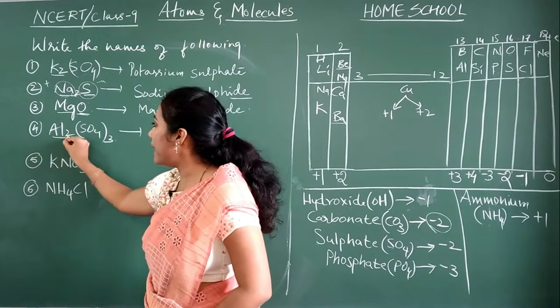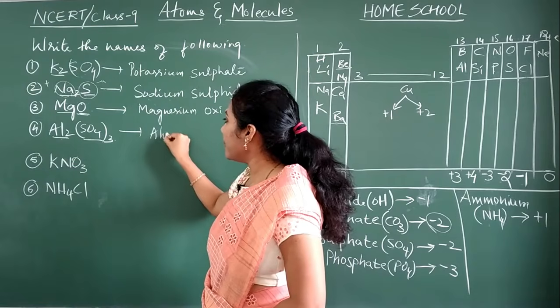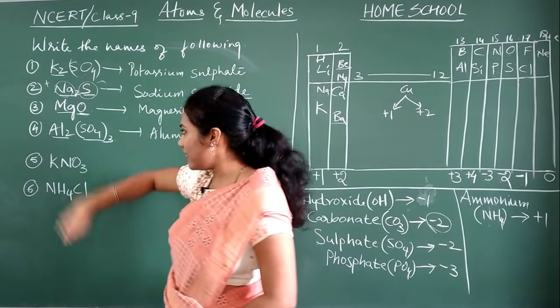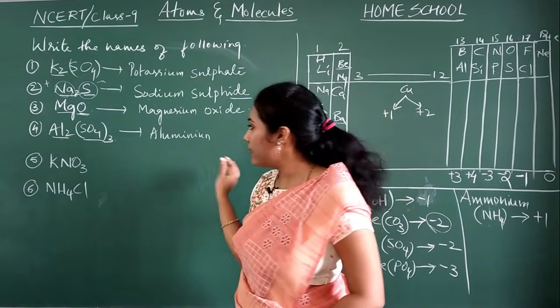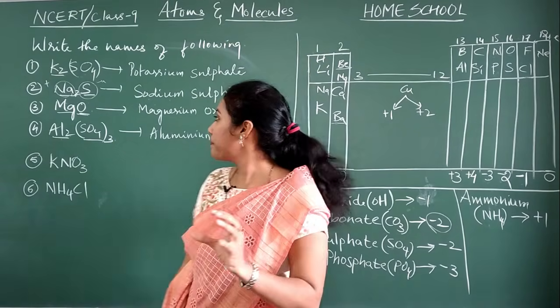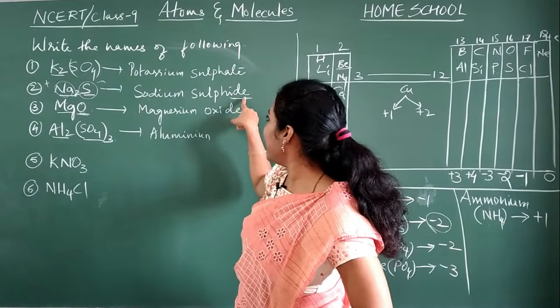Okay, fine. Coming to the next compound. See, this is one part, this is another part. Al means aluminium. The numbers 2 and 3 have nothing to do with writing the name. Remember this. SO4 is a group, not an element. Here, these were elements, so you added the tail IDE.